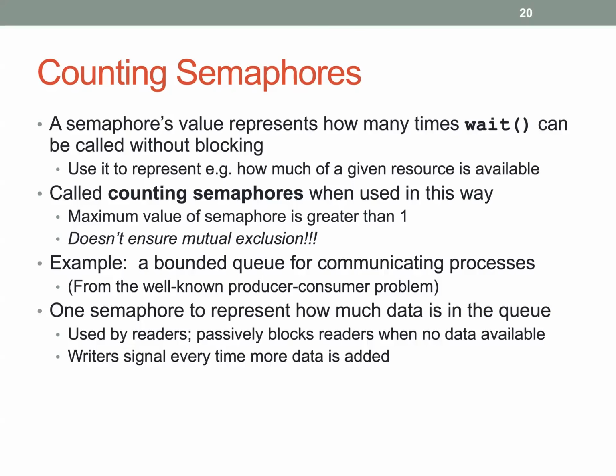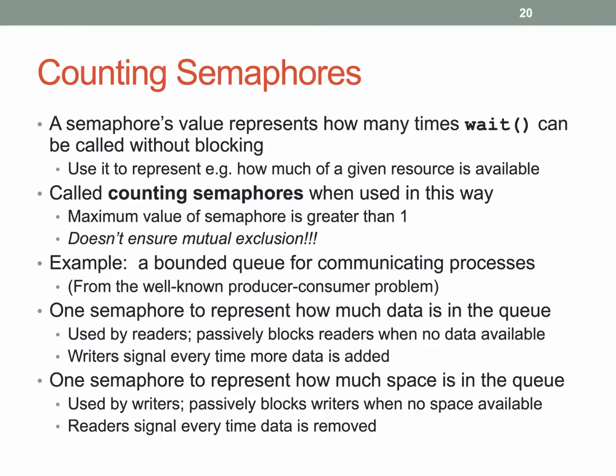So when a writer puts a value in, it signals on the semaphore saying there's another value. So the semaphore's value gets bumped. And if a reader wants a value, it can wait on the semaphore. And when it acquires the semaphore, it knows it has a value to read because the value will be decremented. Okay, and then that's that reader's value.